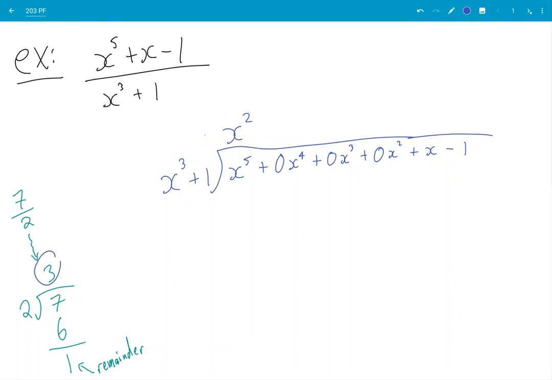Next, I said 3 times 2 is 6. Now I'm going to say x squared times this gives me x to the 5 plus x squared, which I'm going to put nicely arranged there. Okay, now I will subtract and get minus x squared plus x minus 1.